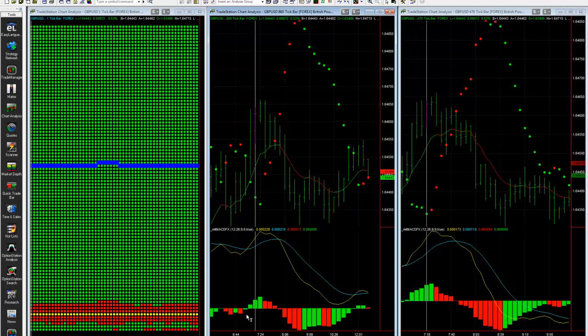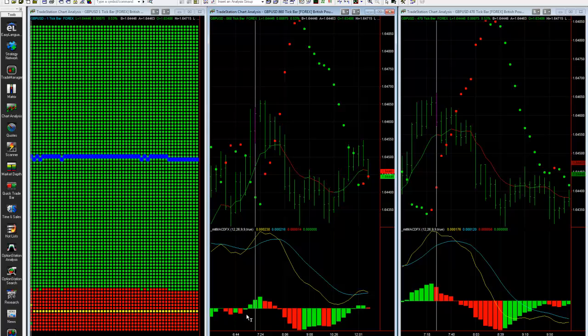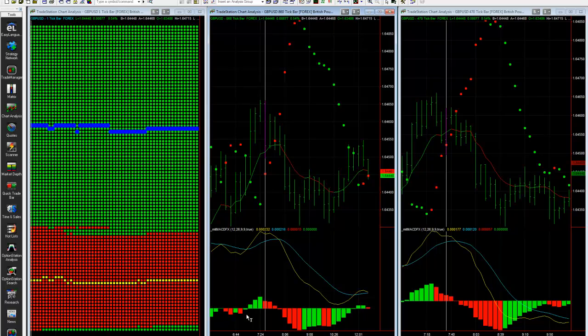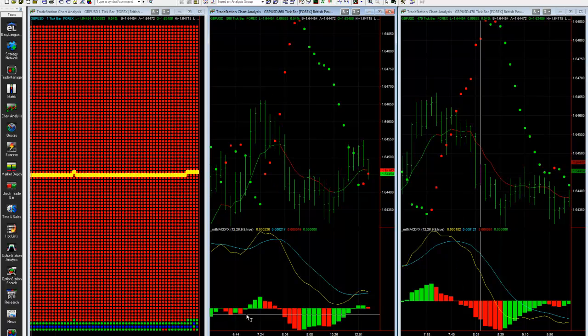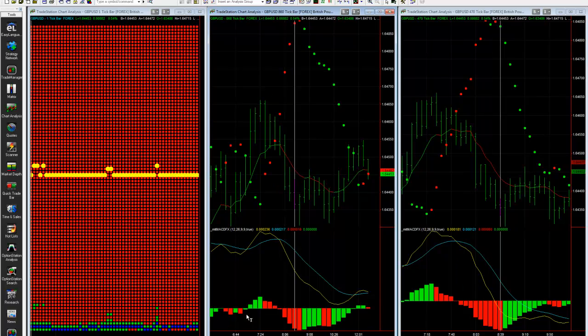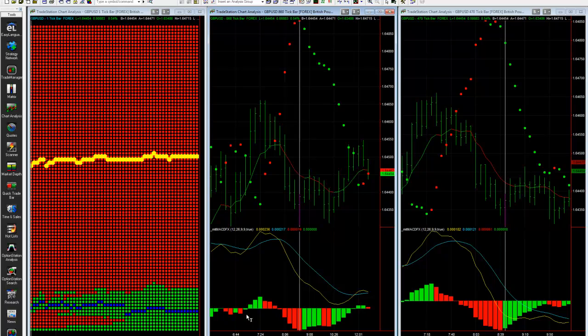Again, it moved further up, and once again it moved further up. At this point, we start to see a downtrend. So the bar is colored red, as are the subsequent 1, 2, 3, 4, 5, 6, 7 bars.